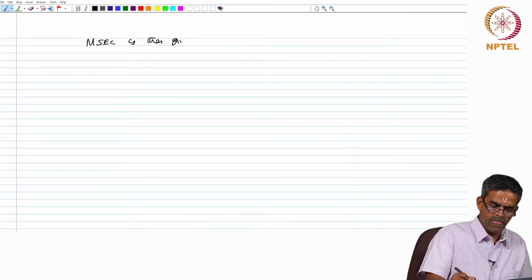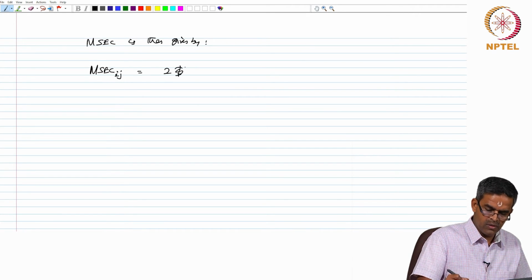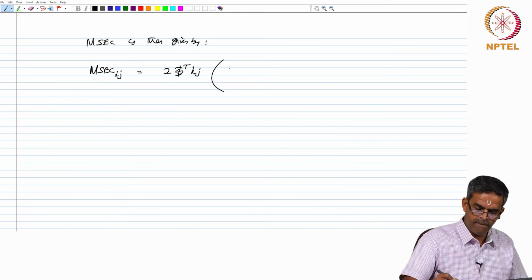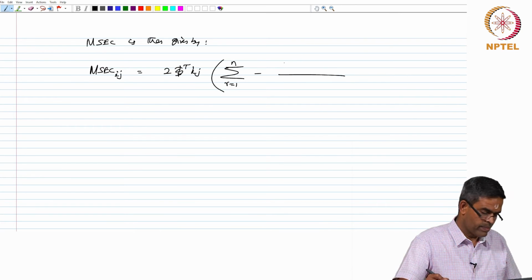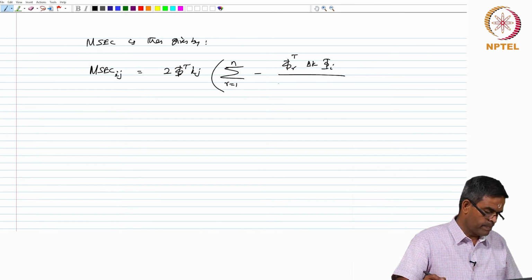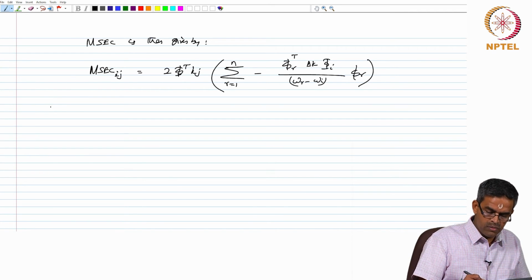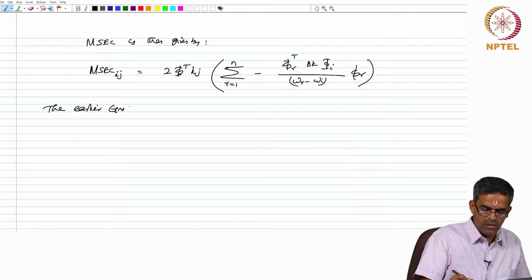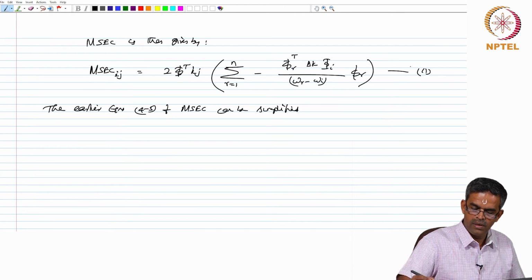Modal strain energy change is then given by 2 phi transpose Kj summation r equals 1 to n phi r transpose delta K phi I by omega r minus omega I of phi r. Now, the earlier equations, that is 4 to 5, of modal strain energy correction can be simplified as below.